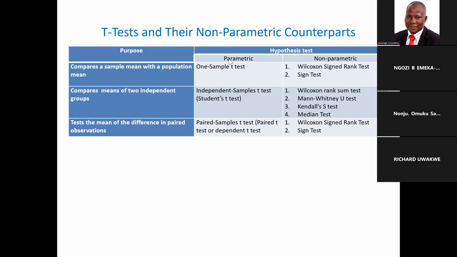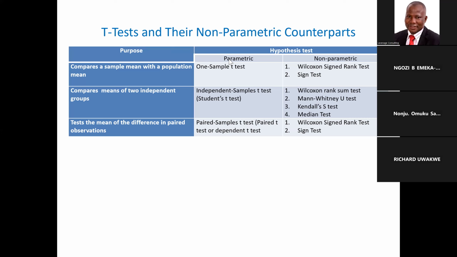You see, Wilcoxon appears in both, but they are different. That first one is the Wilcoxon signed rank test. This one is the Wilcoxon rank sum test. Then the test based on the difference in paired observations, that is the one we did for the paired sample t-test. The counterpart is the Wilcoxon signed rank test. Can you see? That's the one you use for the one sample t-test, and it is what you also use for the paired sample t-test, the Wilcoxon signed rank test.